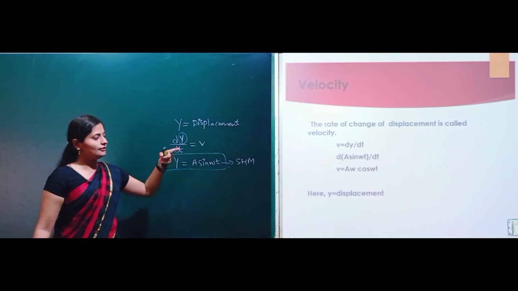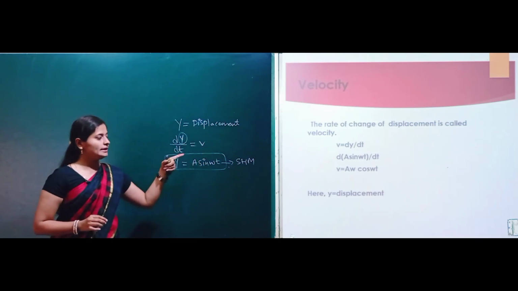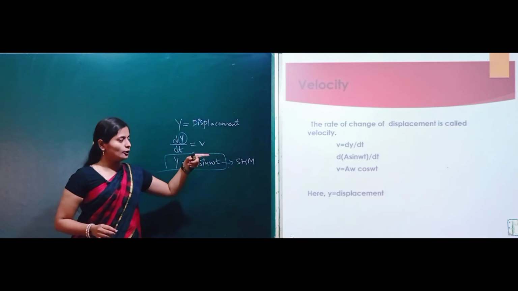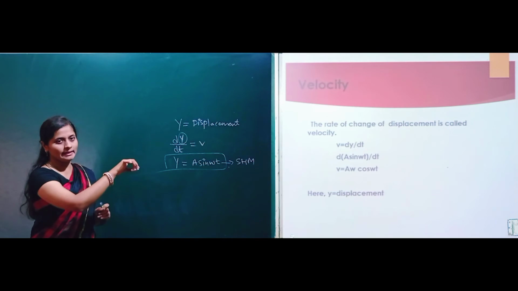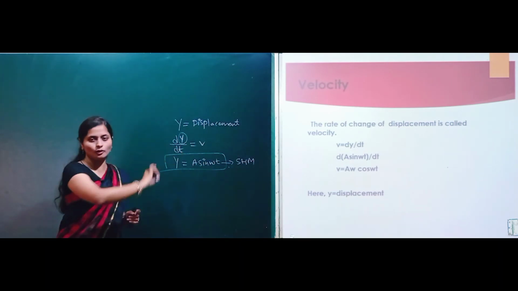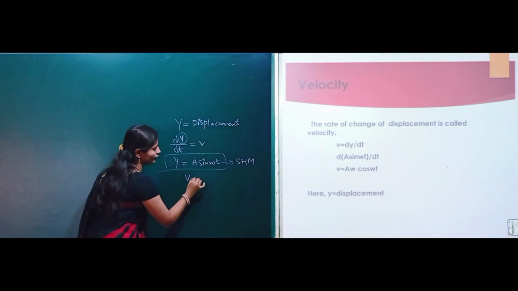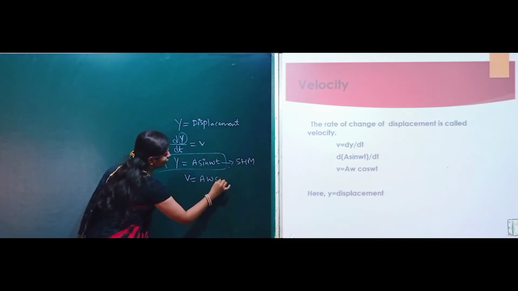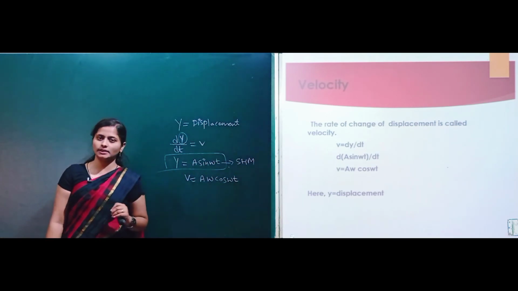See here d of a sin omega t divided by dt. What are we getting? We are getting v equal to a omega cos omega t. So d by dt, differentiation of sin omega t is nothing but cos omega t. So we are getting v equal to a omega cos omega t. So here y is a displacement.